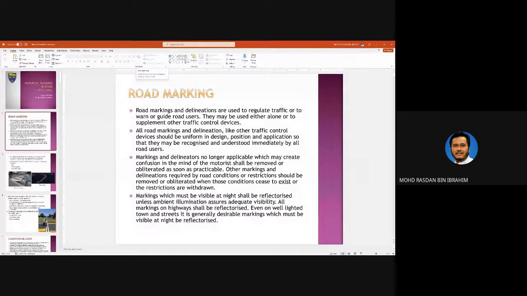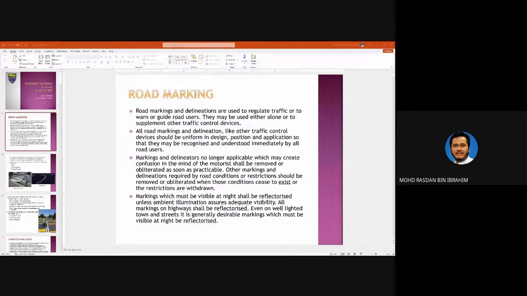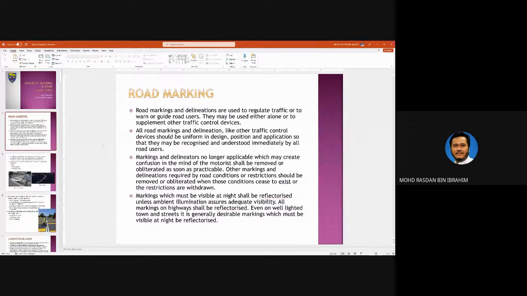All road markings and delineations should be uniform. We don't have any problem with this because we are just a small country. Basically in Malaysia, all states use the same markings. Even the local authorities also use the same signboards and markings. More or less it is uniform.